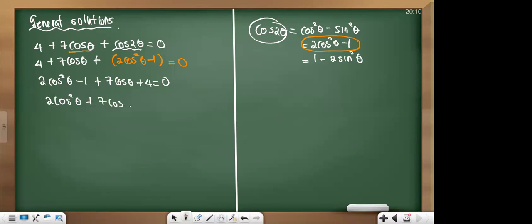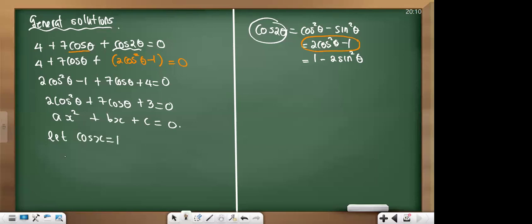Minus 1 plus 4 will be positive 3, and that equals 0. I see it looks like a trinomial. It's like ax squared plus bx plus c equals 0. Listen, child, you can say let cos x equal k.